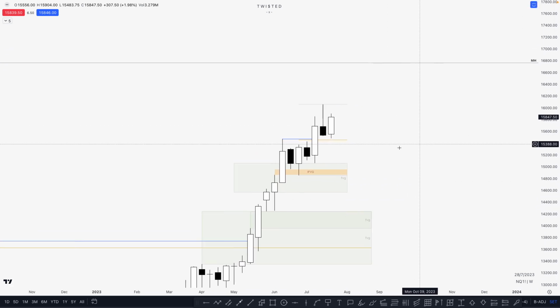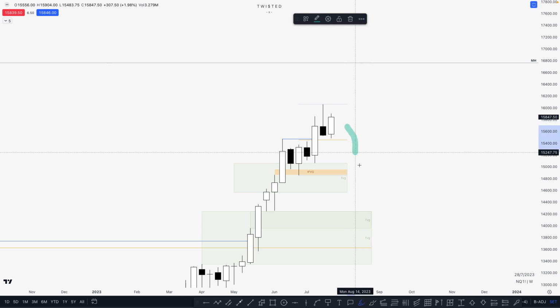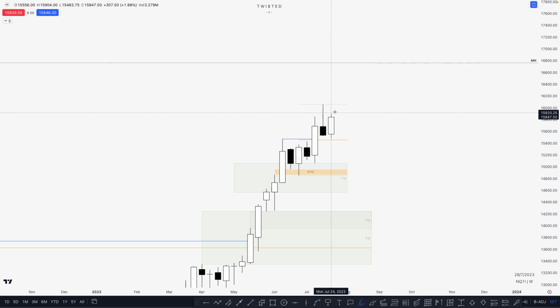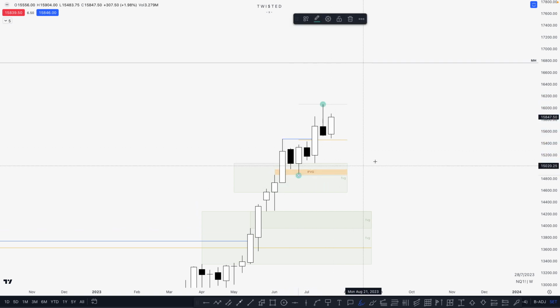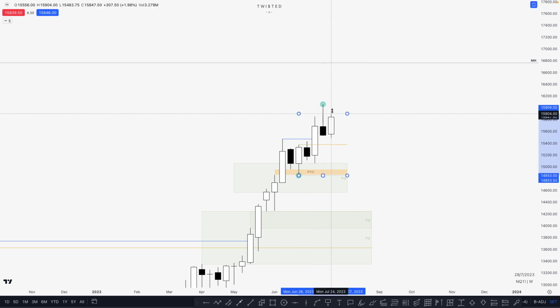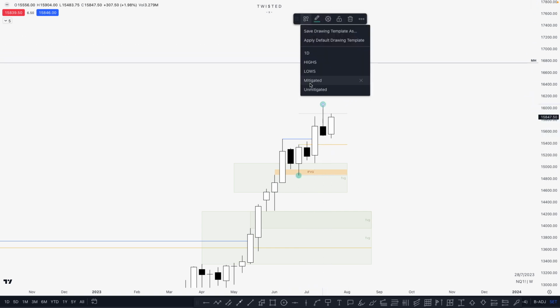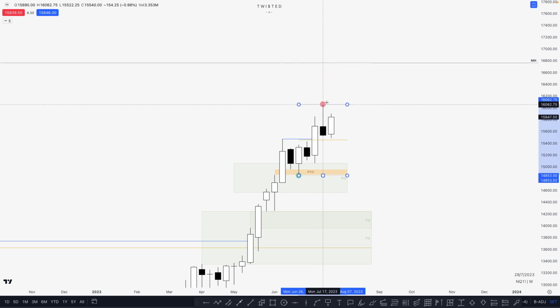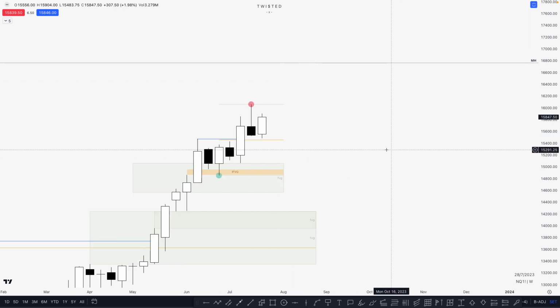So we will look into the further lower price levels, but that's when we get there. For now, this is the time frame that I like to work with, because this is the immediate zone. So that's the high and that's the low that I'm going to be working with. So we'll just change that from green to highs. So that's the zone that I'm working with on the weekly.